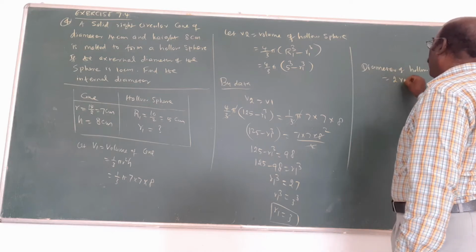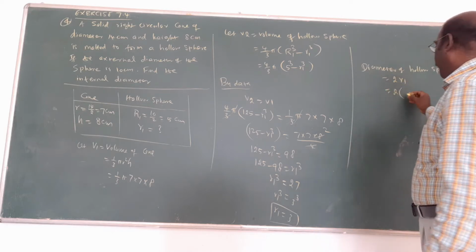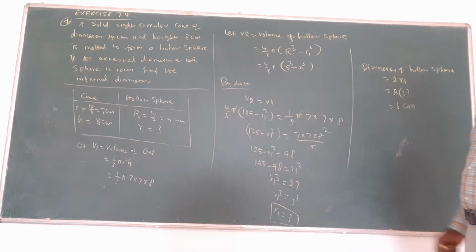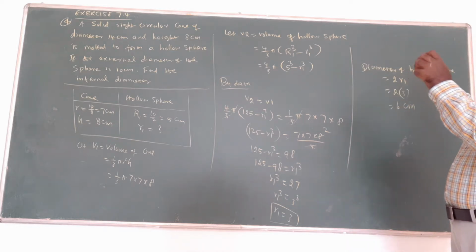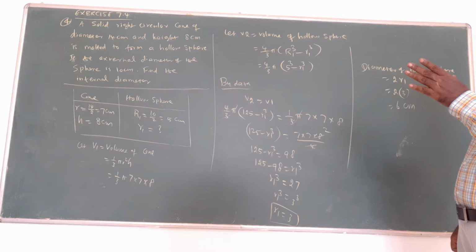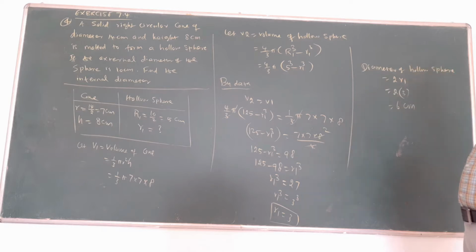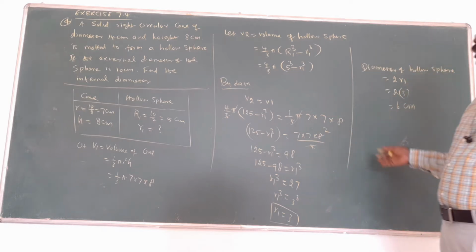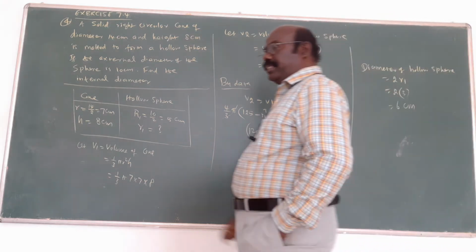Diameter means 2R1, 2 into 3, 6 centimeters is the answer. Clearly, the cone is melted and forming a hollow sphere. The volume of the cone and the hollow sphere are equal, that is the answer.